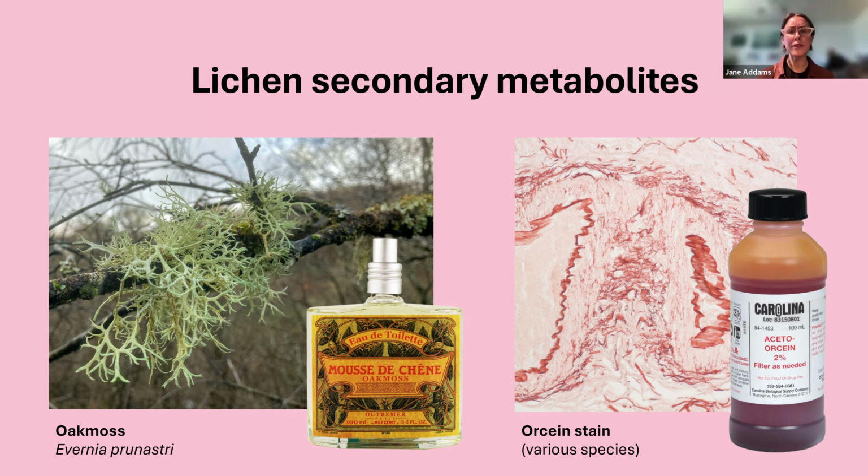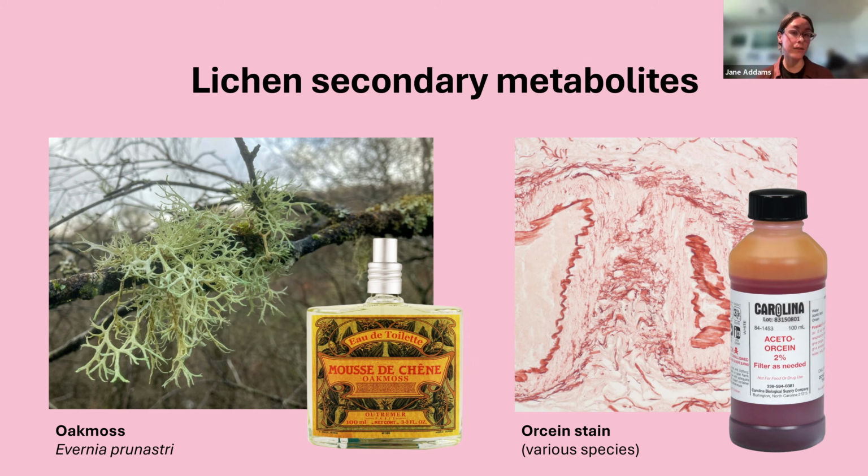So you're already familiar with some really prevalent lichen secondary metabolites. If you have ever used a perfume with oak moss in it, oak moss is derived from the secondary metabolites inside of the species Evernia prunastri.